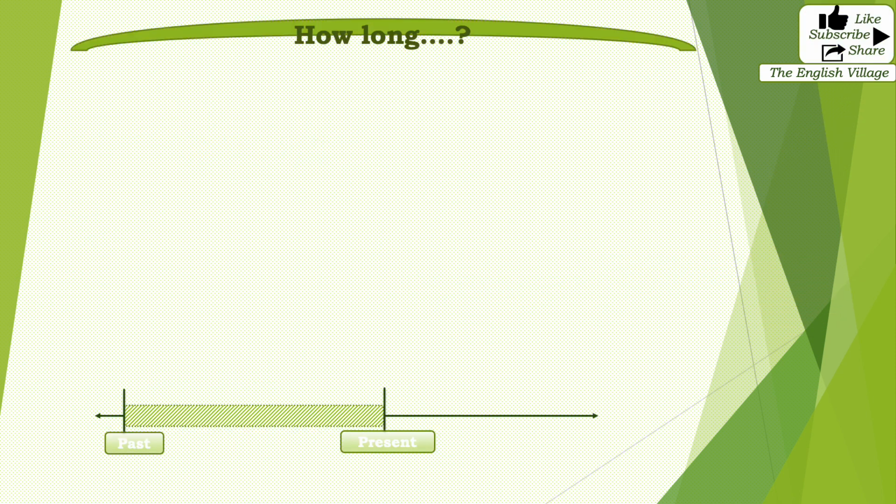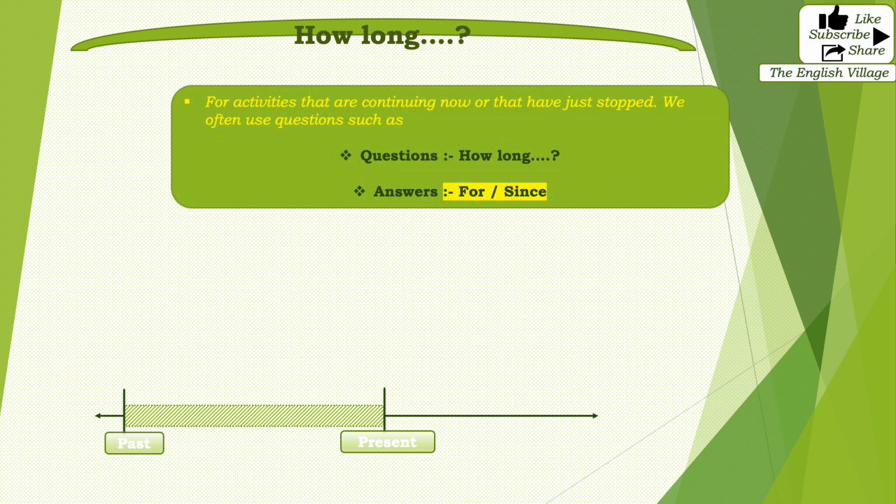After learning about the concept of how long with present, past, and future tenses, I want to tell you that we can use this concept, how long, with the present perfect continuous tense. I have shown you the visual down here so that you can learn, understand, and retain this concept in your mind for a longer period of time.